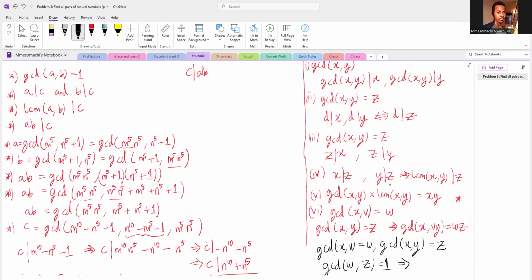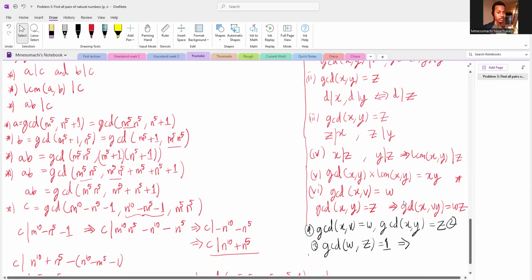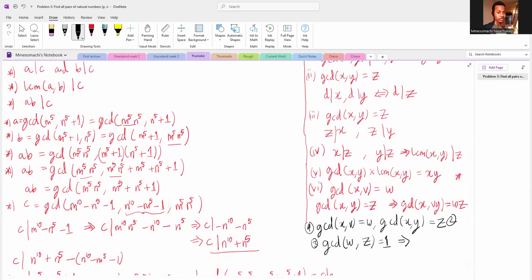So when you have these three, then we can conclude that the GCD of X and VY will be equal to WZ.